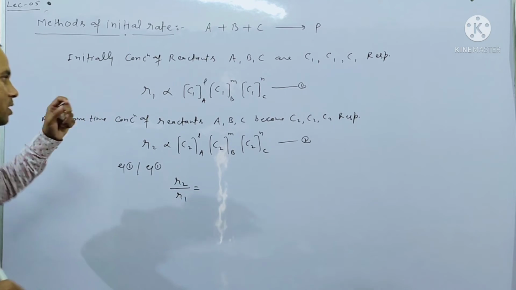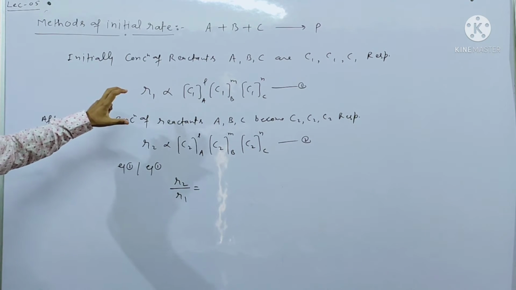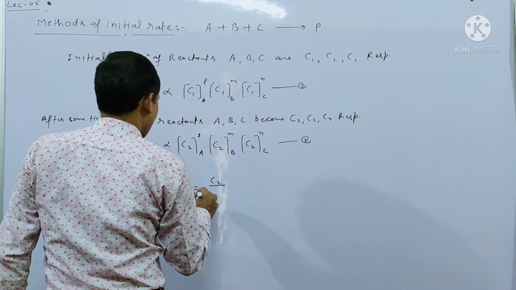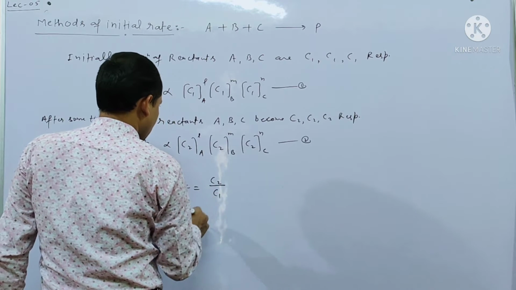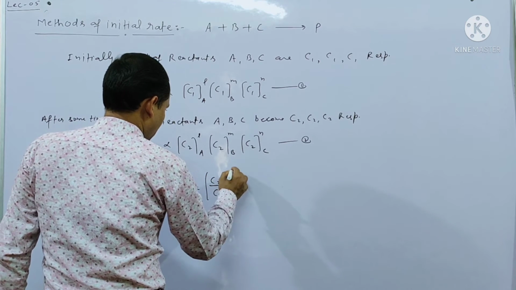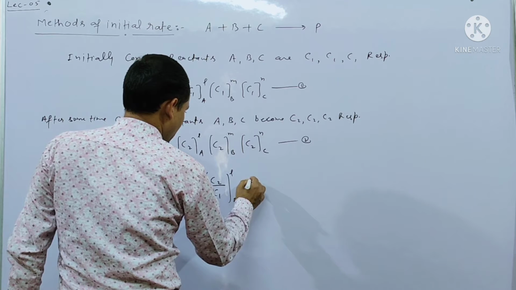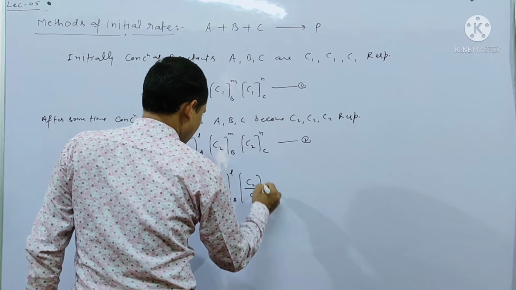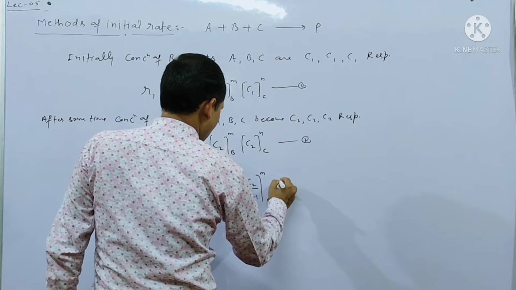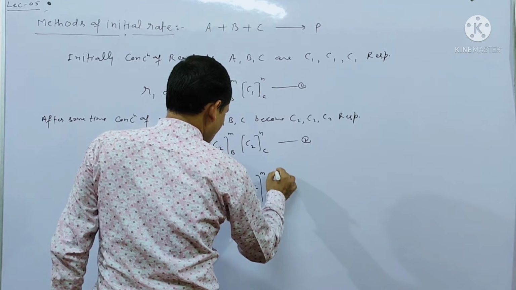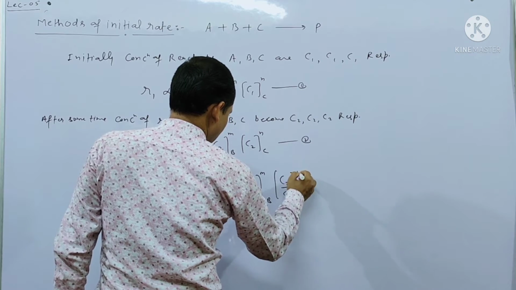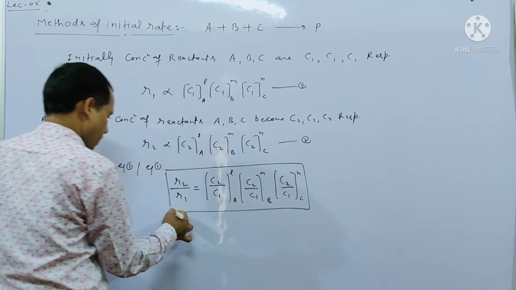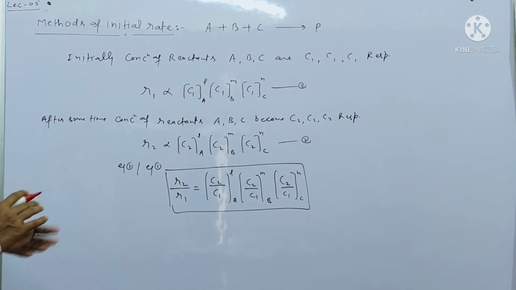Here the rate constant is the same, so it cancels. So we get C2 upon C1 to the power L for A, C2 upon C1 to the power M for B, and C2 upon C1 to the power N for C. Basically this expression is the method of initial rate.